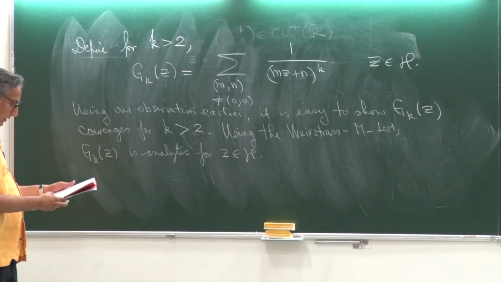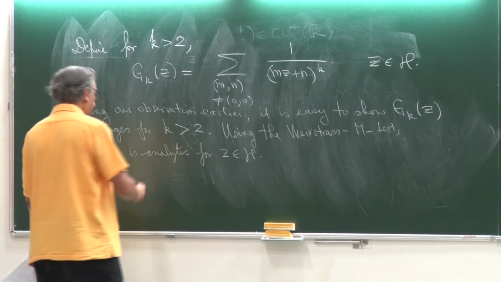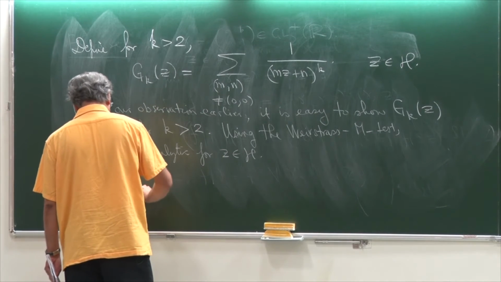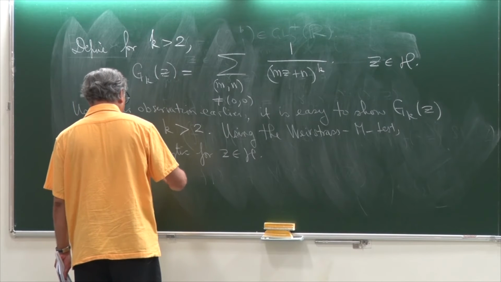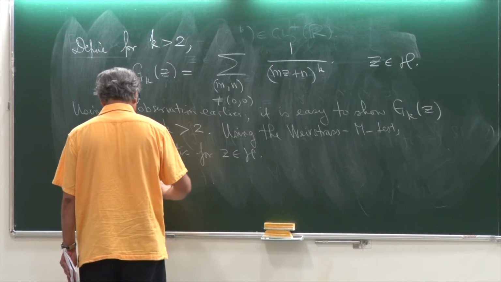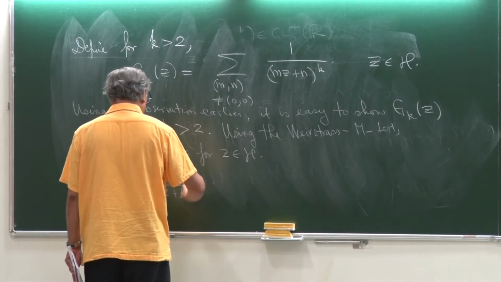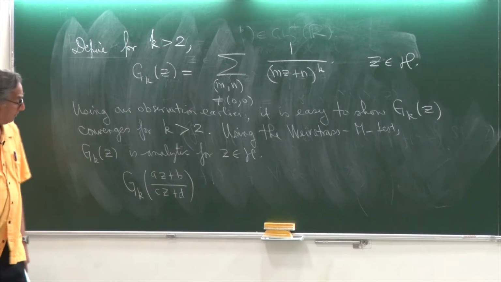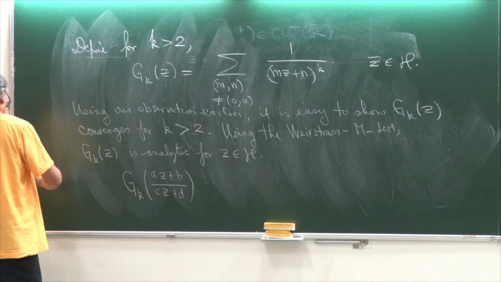And the question is, what happens when I try to calculate g_k of (az plus b) over (cz plus d) with a, b, c and d in SL2(Z)?